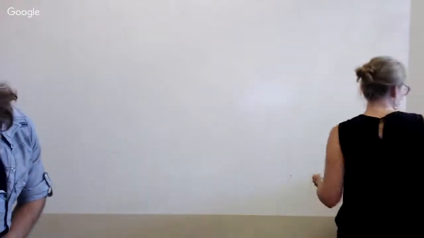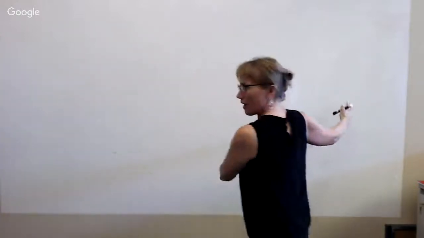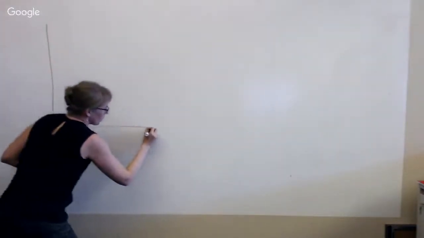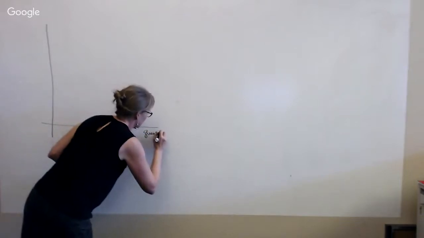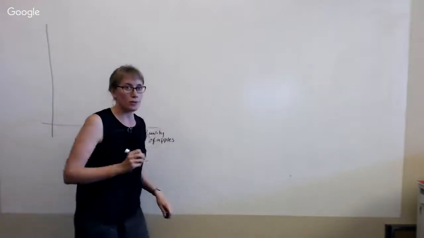Why don't I start by getting our axes drawn here. I think I'm going to draw our indifference map over here, and then we're going to have our demand curve over here. Then we can check out what this looks like. Make sure that we can see everything.